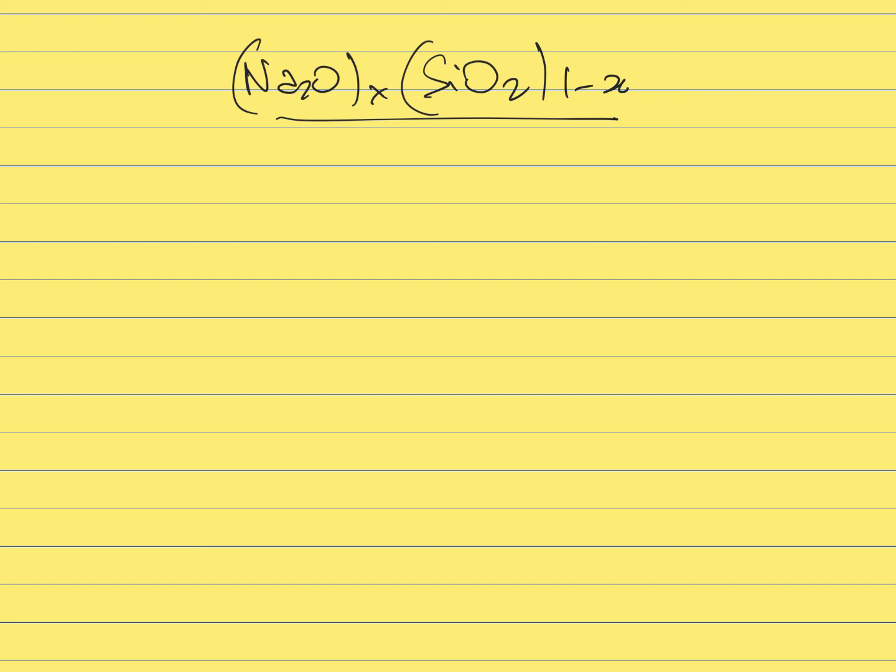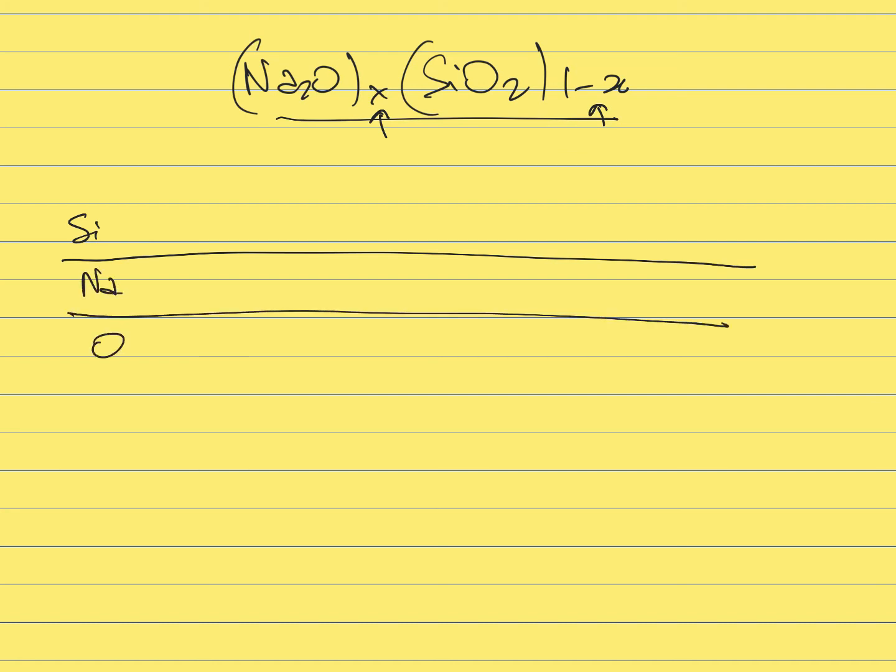So in this case, we are going to consider the example of sodium silicate, where you have a fraction X of sodium oxide, and the rest, 1 minus X, is silica. Same thing, let's start to build the table. We have silicon, sodium, and oxygen.